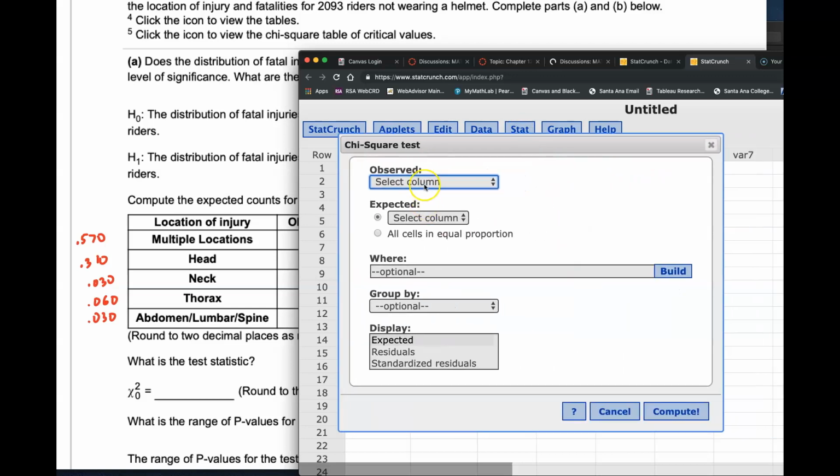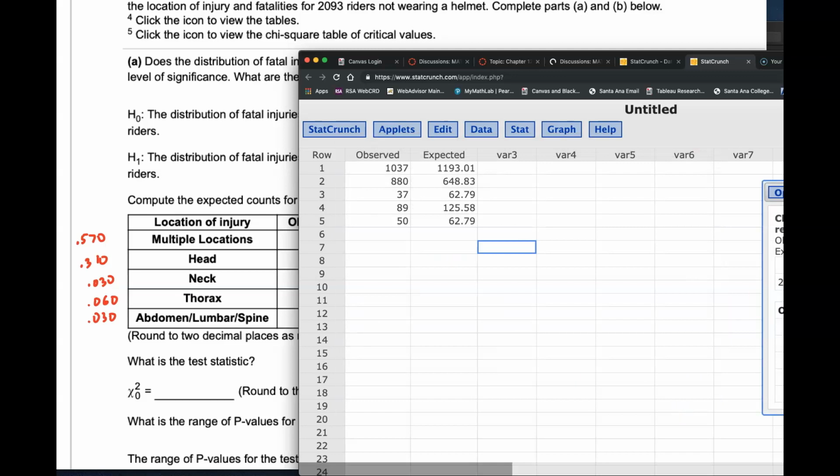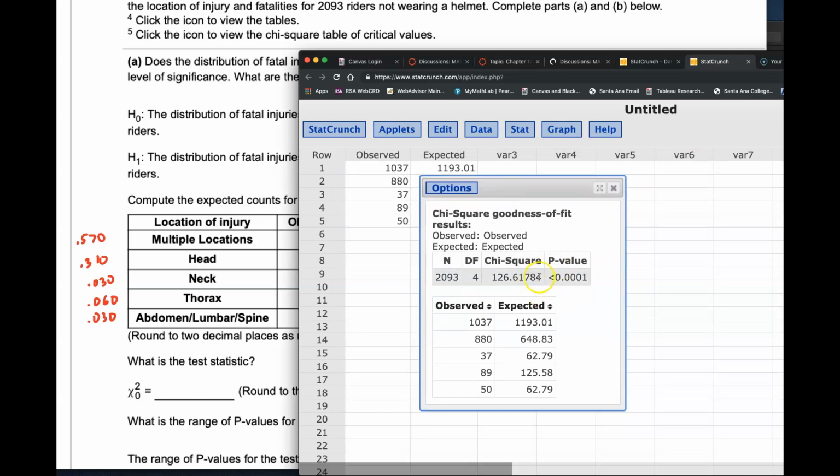And then the observed, I have it in the observed column, expected in the expected, that's how I named it. And then you just compute, and you get your chi-square value, 126 in this case, and you get a p-value that is less than 0.001.